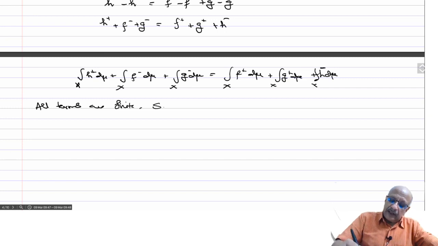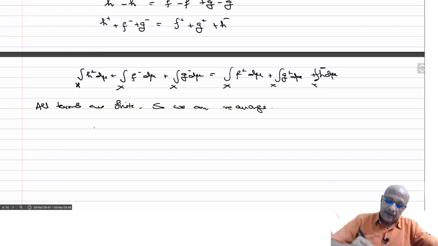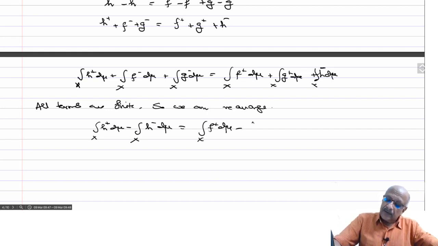So we can rearrange. Therefore, integral over x of h plus d mu minus integral of h minus d mu equals integral of f plus d mu minus integral of f minus d mu plus integral of g plus d mu minus integral of g minus d mu.